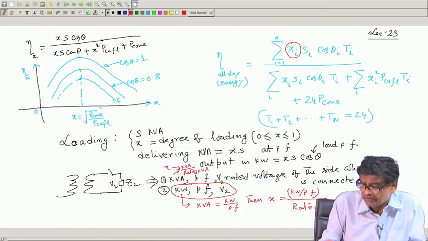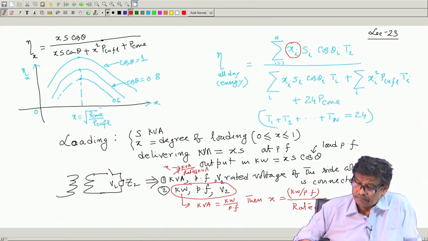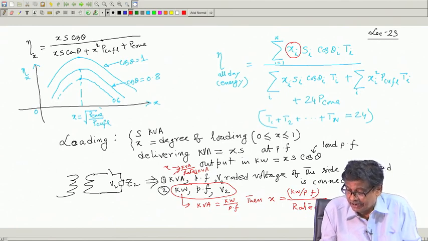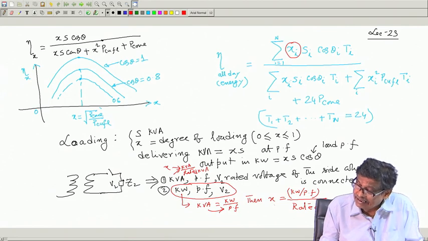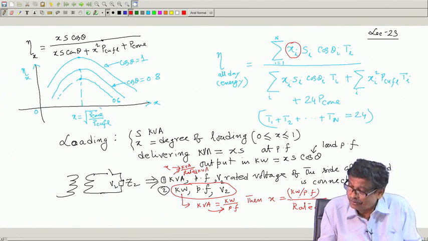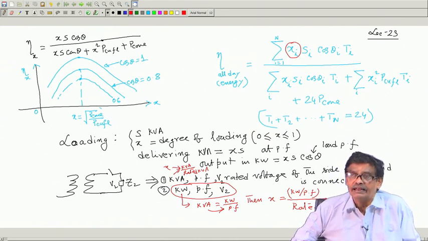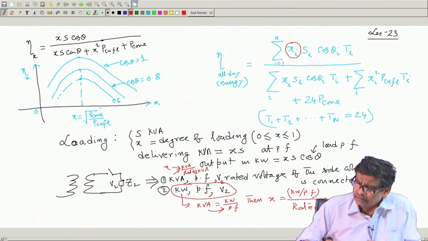If the load is specified in terms of kilowatt, power factor and V2, then the kVA at which it is operating is kilowatt by power factor, and then x corresponding to this load will be this. But I will insist that you better not memorize this formula, never do it.